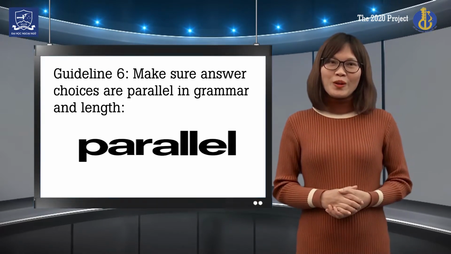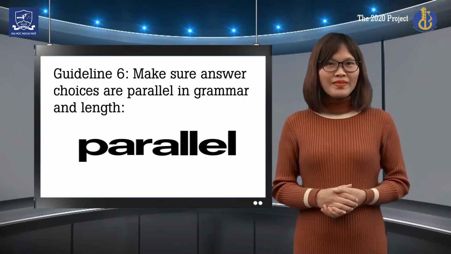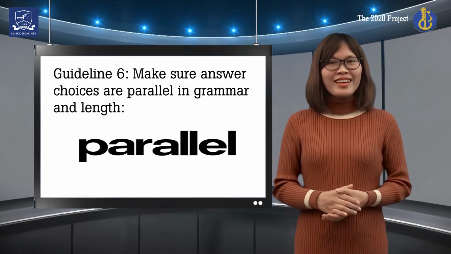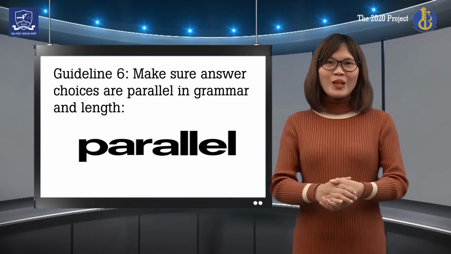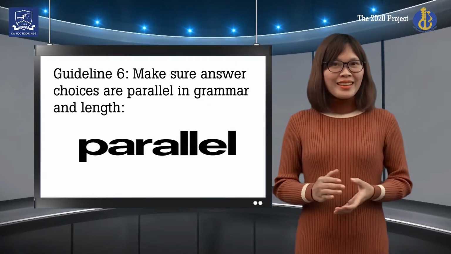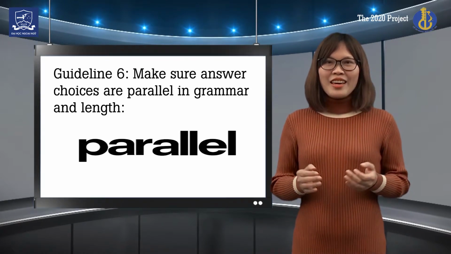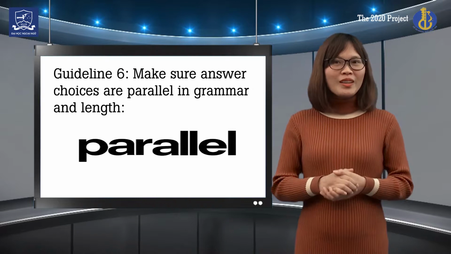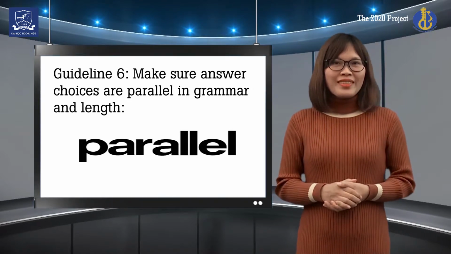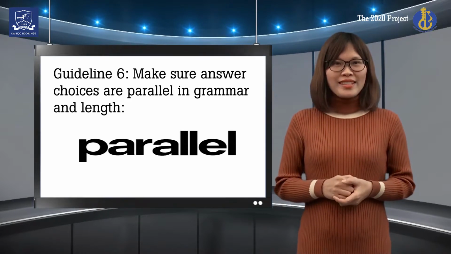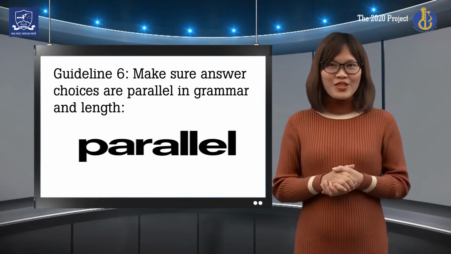If the correct response begins with a verb, the distractors should also begin with verbs. If one answer choice is quite longer than the others, then it may provide a clue to the correct response. If some answer choices must be long and some must be short, then a good option would be to have 2 short answer choices and 2 long answer choices.